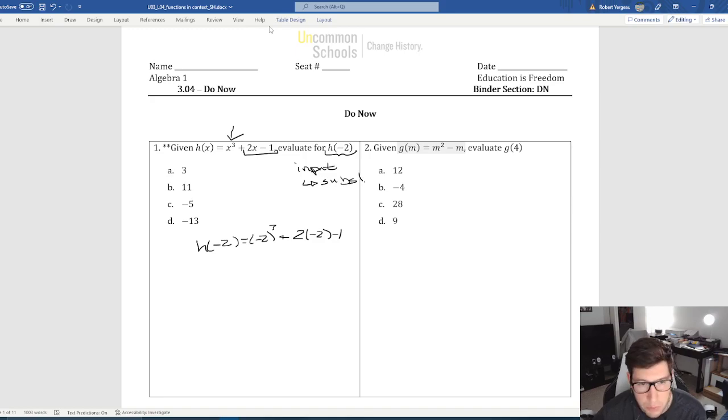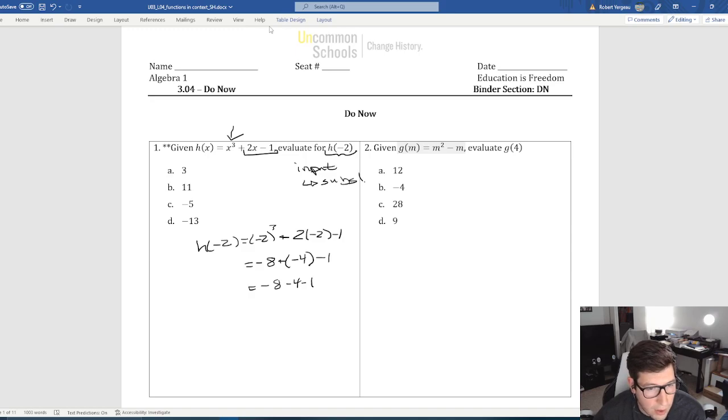From here, we're just going to work this out. Negative 2 cubed is negative 2 times negative 2 times negative 2. That's negative 8, plus 2 times negative 2, that's negative 4, minus 1. So really what we have here is negative 8 minus 4 minus 1.